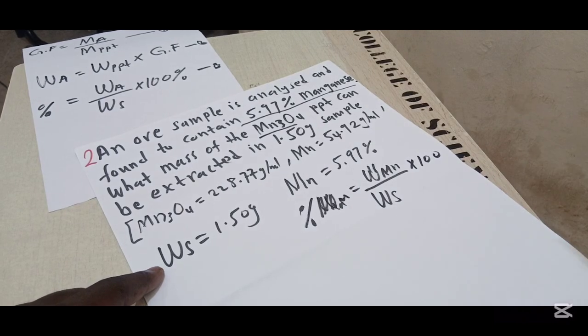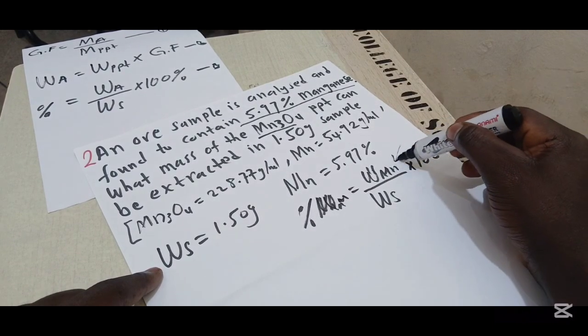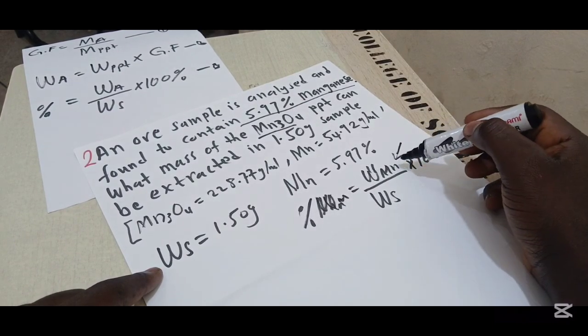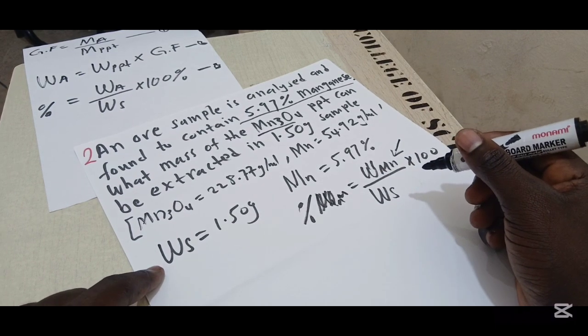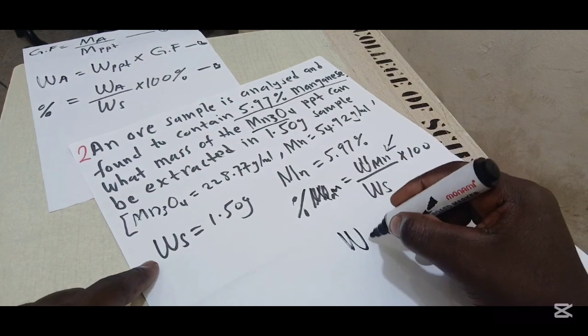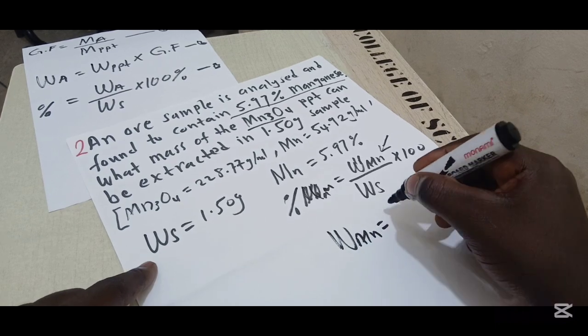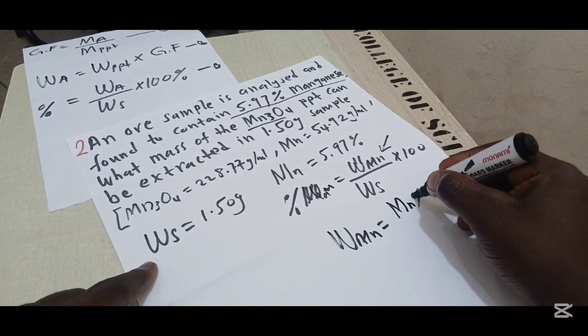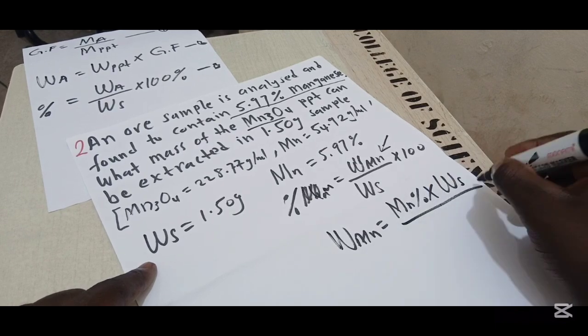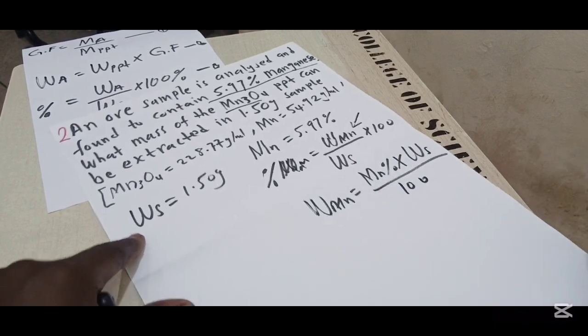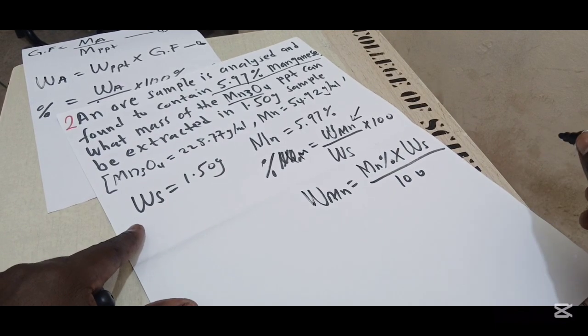So now we want to look for the weight of Mn here. Just go ahead and make weight of Mn the subject, and we are going to get weight of Mn equal to percentage of Mn multiplied by the weight of our sample, all over 100. So let's just substitute our values in.